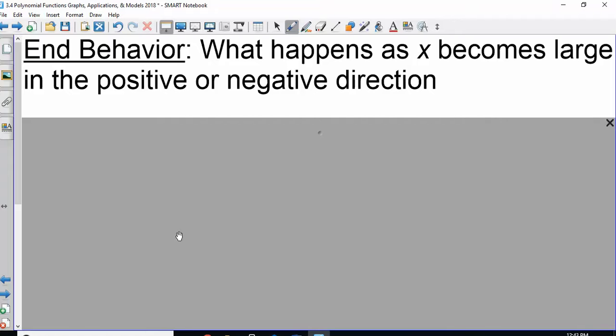And your degree is what dictates your end behavior. So when our degree was even, an x squared, an x to the fourth, an x to the sixth, what direction were both of my ends going? They were both going up when it was even. When it was an odd, an x cubed, an x to the fifth, what's happening with the ends? One going down and one going up. Okay.